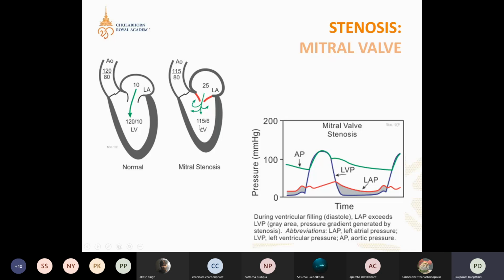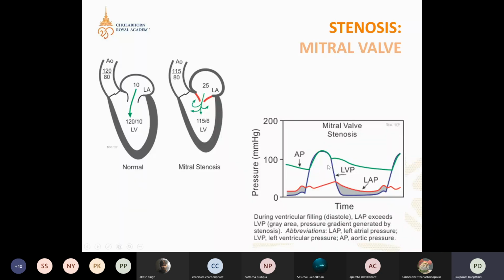So you will see the systolic pressure is a bit less than normal, from 120 to 115, just like that. And there is no obstruction at the aortic valve over here, so the systolic pressure will equal the aortic pressure, 115. Okay, this is an idea to describe the mitral valve stenosis.